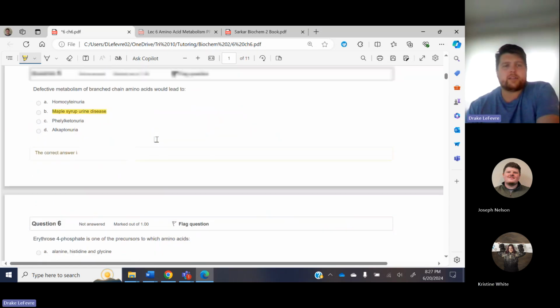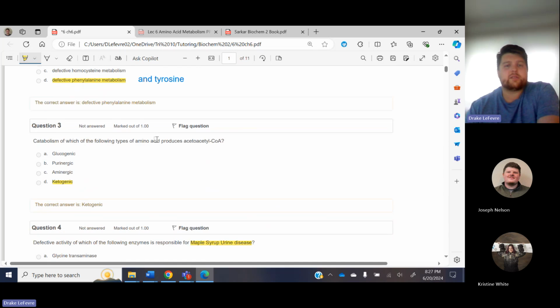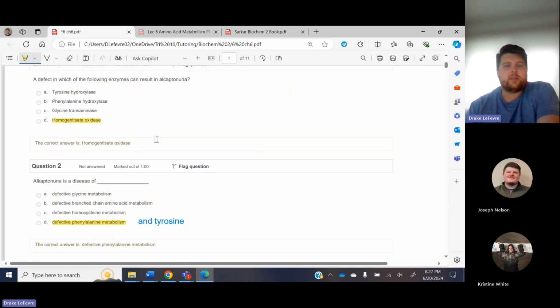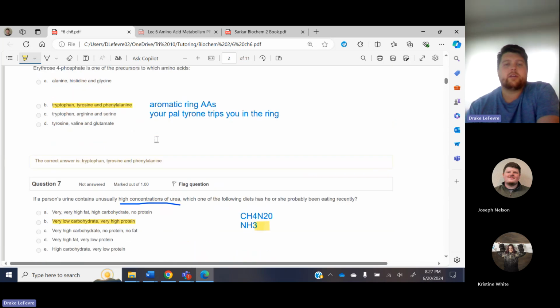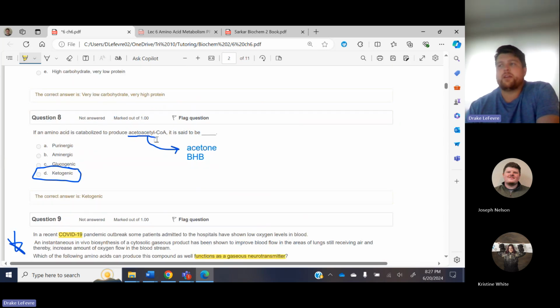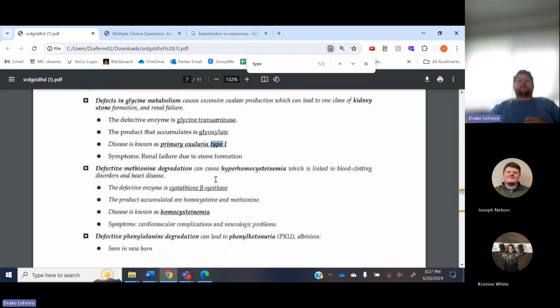Yeah, nitrogen balance, all that kind of stuff, the specific diseases. He'll have multiple questions on maple syrup disease, alkaptonuria, phenylketonuria. He'll have one question each on primary hyperoxaluria type 1 and how you get kidney stones and renal failure.